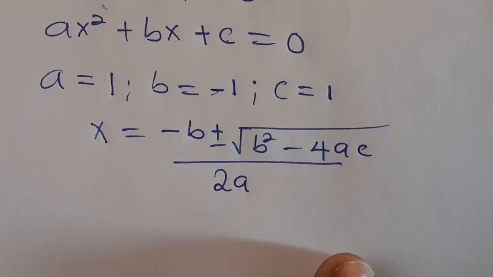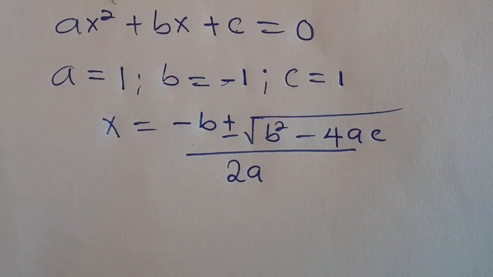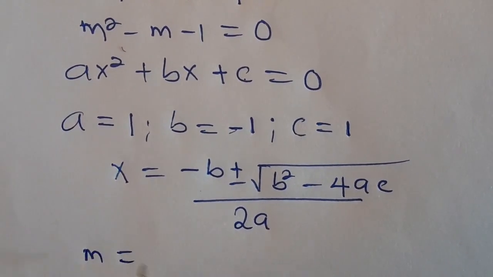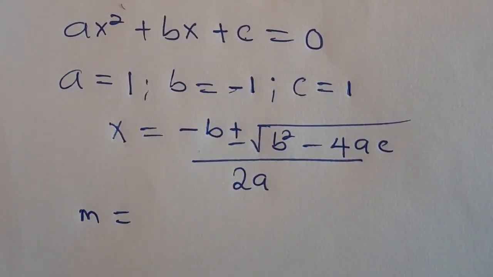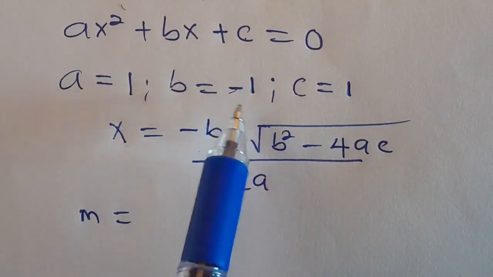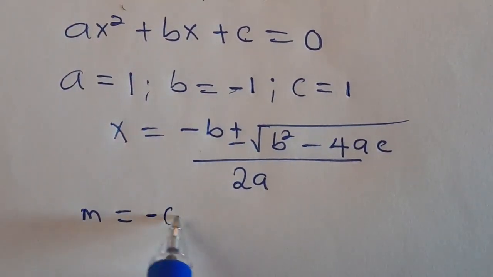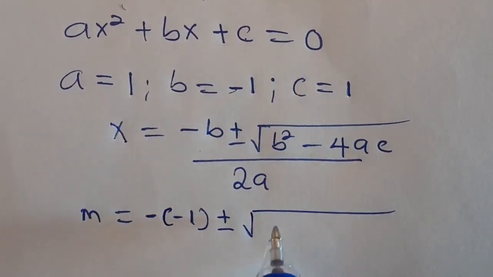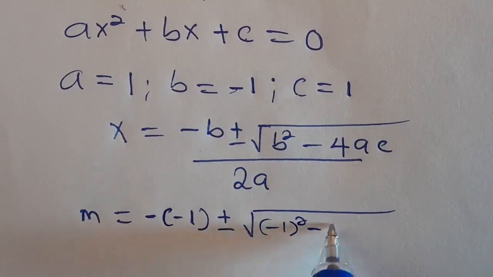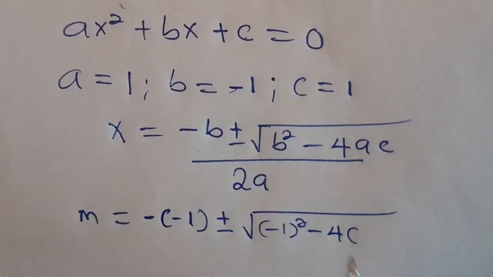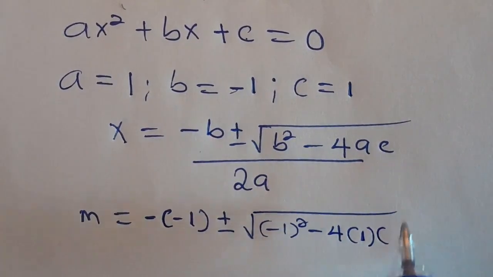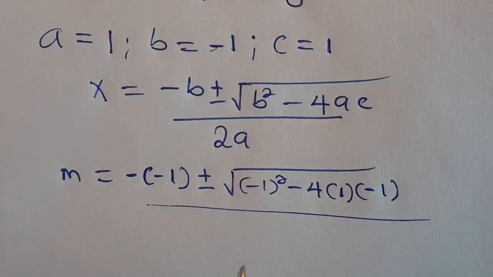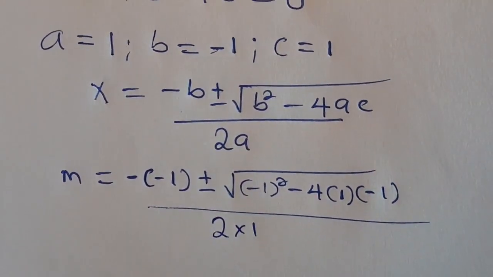So from here, by plugging everything in, we have m as, b is minus 1, so we have minus into minus 1, plus or minus the square root of minus 1 squared minus 4 multiplied by a equals 1, then c equals minus 1, then all divided by 2 multiplied by a.